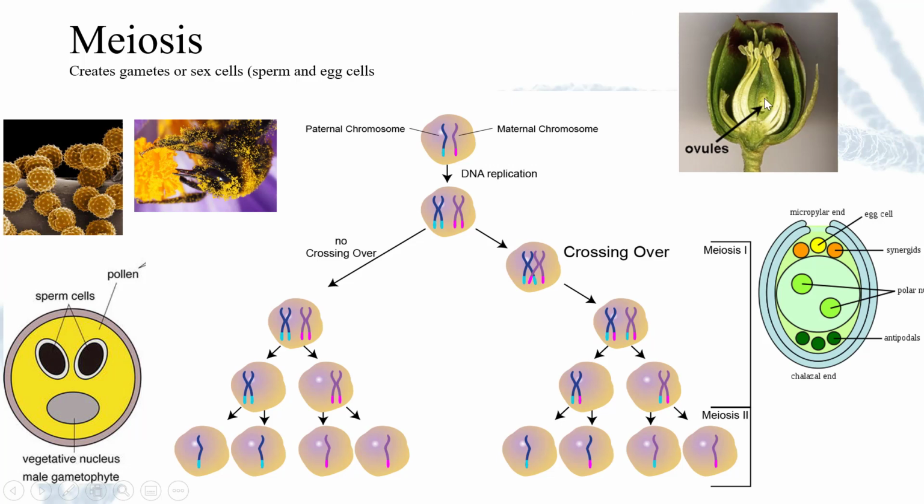And this is the ovary of the plant. This is the stigma and the style. If you have plant science, we'll talk about that when we talk about pollination and fertilization. This is just a brief overview. Within your ovary, you have your ovules, and here is a diagram, and that's your egg cell right there.